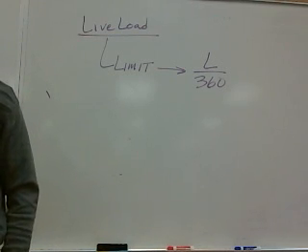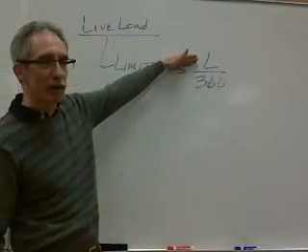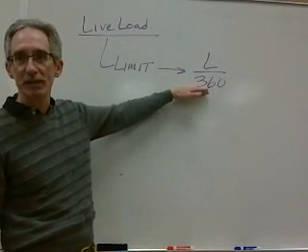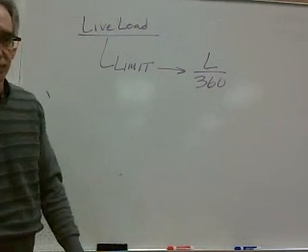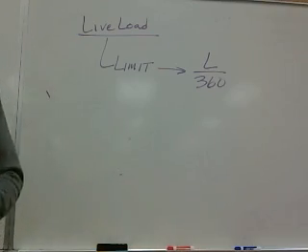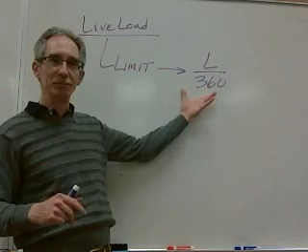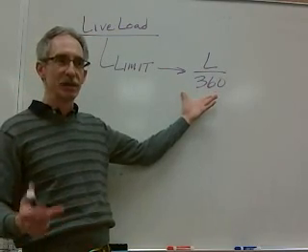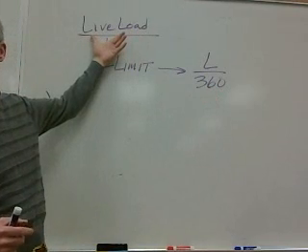Well, 12 feet is 144 inches. So 144 inches divided by 360 is what? 0.4. So if you saw this in a building code, that's what it would mean. For a 12-foot long beam, that beam should deflect no more than 0.4 inches under its live load.